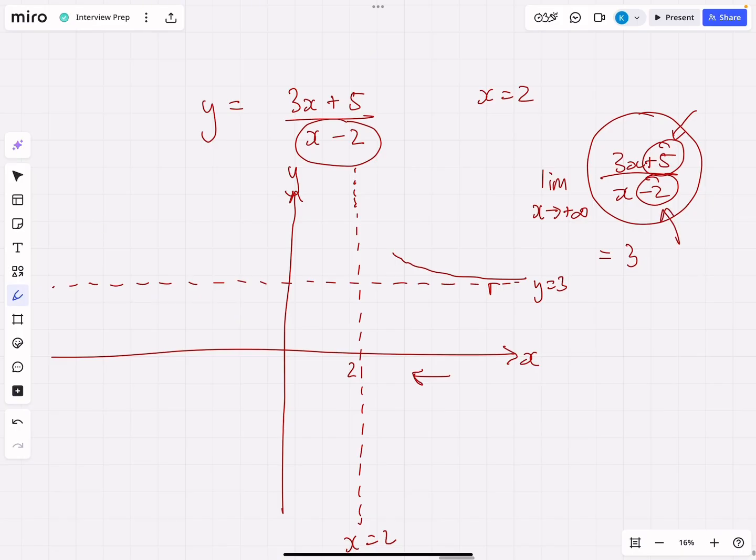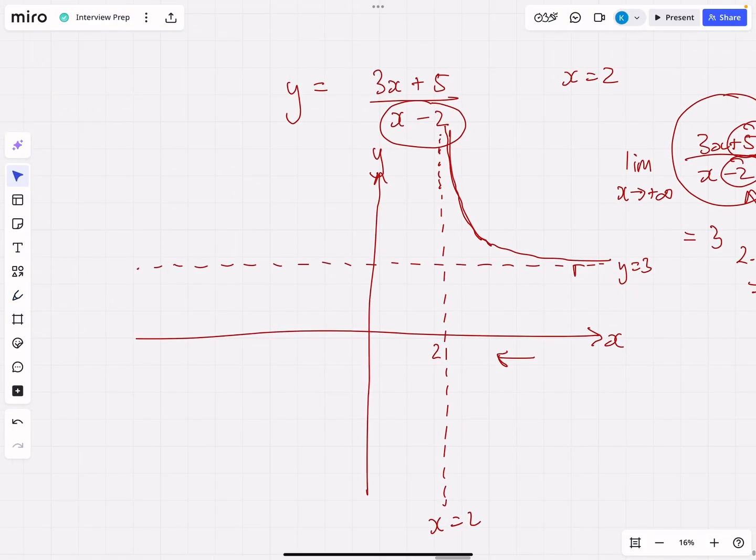But we have a really, really small denominator, because as we approach 2, so imagine we have like 2.00001 for x, x minus 2 is going to be 0.00001 compared to whatever this numerator is. That's going to give us a really, really large number. So we know that our graph is going to tend off to positive infinity up here.